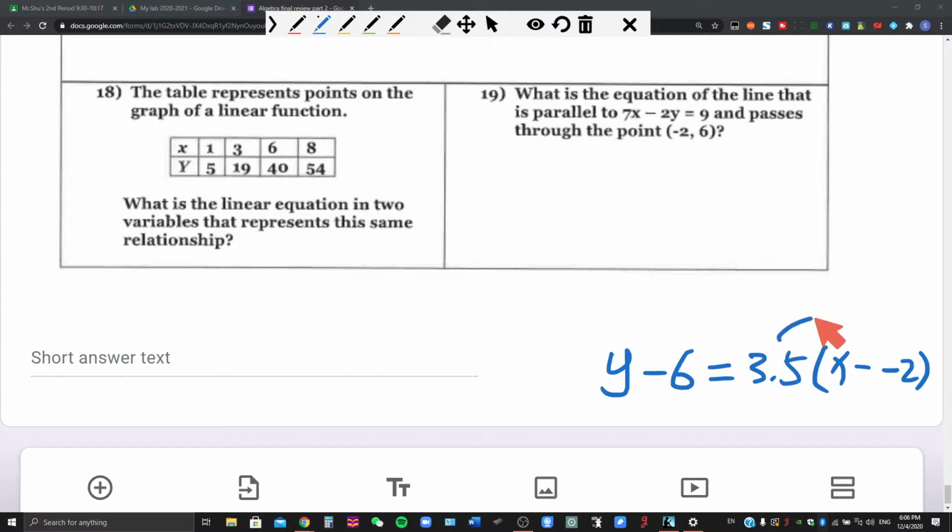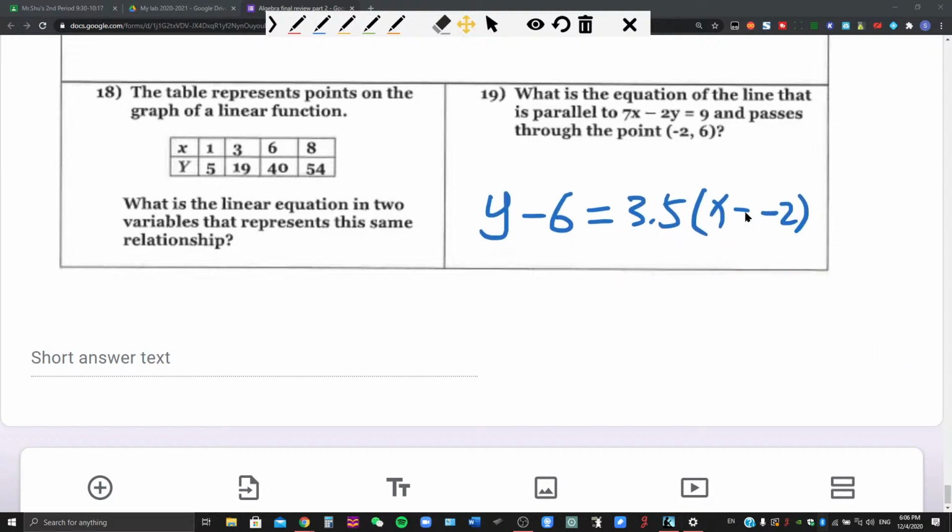First, let's deal with the two negative signs. If you have a negative, subtract negative, they will make a plus. So y − 6 = 3.5 times (x + 2). Don't forget the parentheses yet.